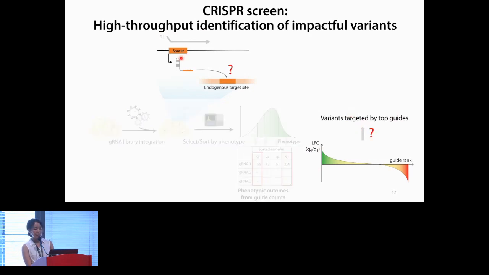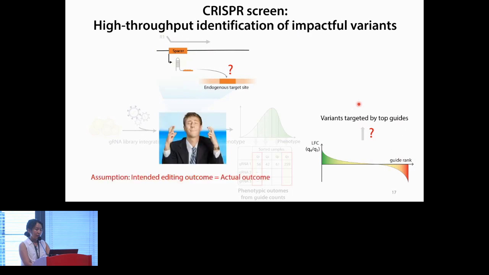What is problematic here is that we only read out the spacer or guide RNA identity, and we don't really read out the endogenous target site editing. So it's very unclear how to aggregate this guide level information into the variant level information that we are actually interested in. So it's inherently wishy-washy, based on the assumption that the intended editing outcome is the actual outcome, and hope for the best.